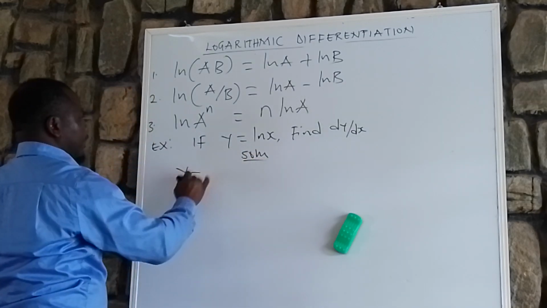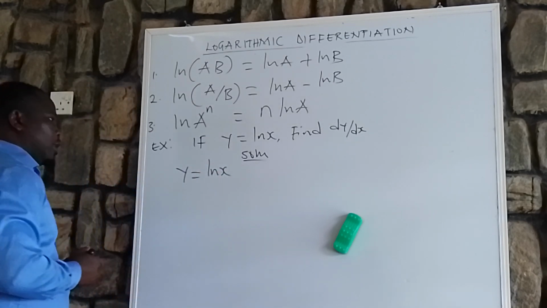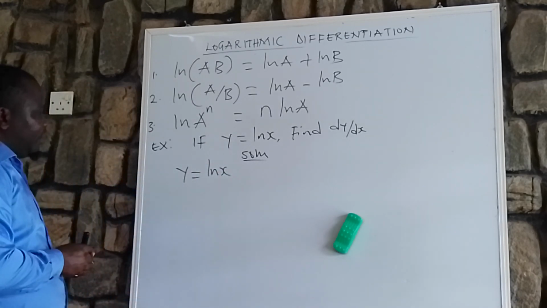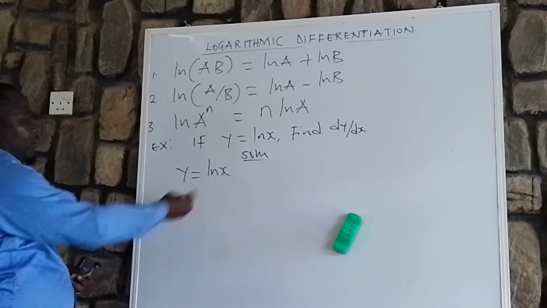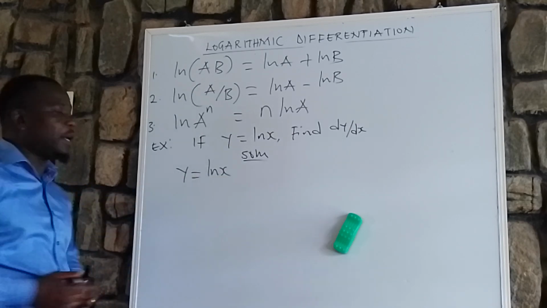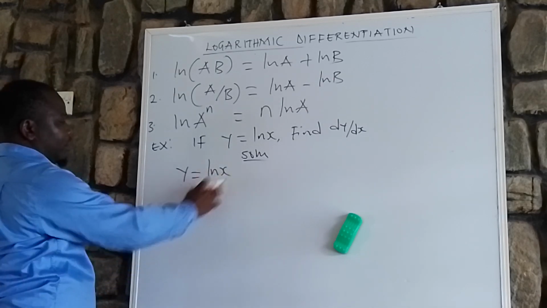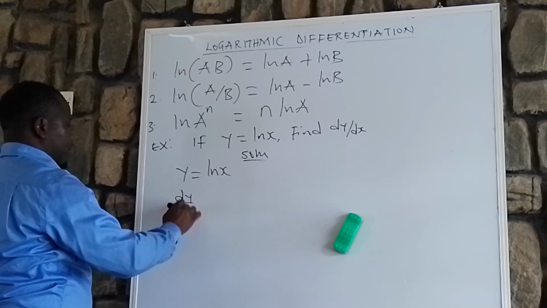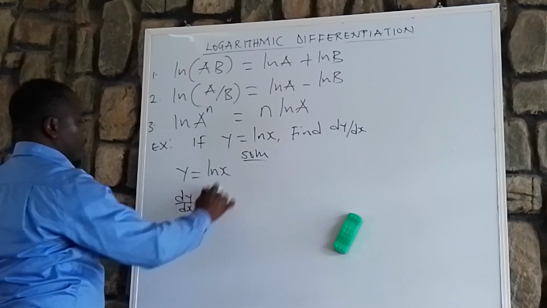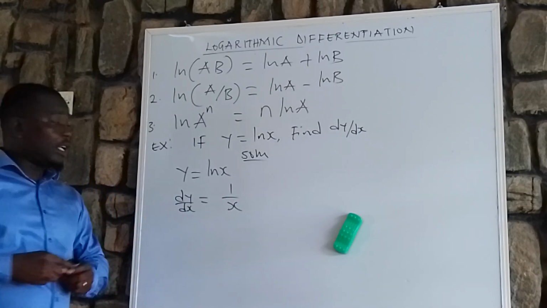Our y is equals to ln x. Now we want to differentiate this function. If we differentiate ln x, since we are differentiating with respect to x, this implies that our dy all over dx is equals to 1 all over x. This is the answer. Is that clear?